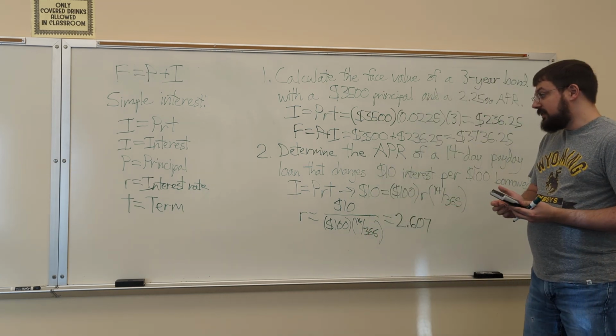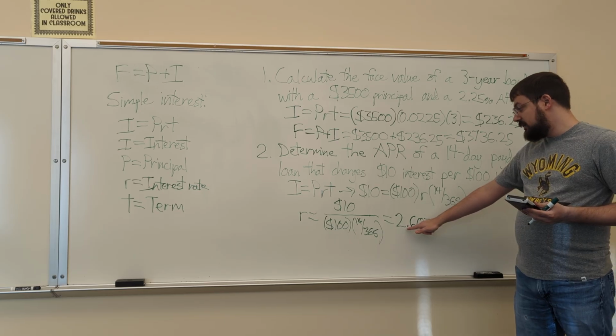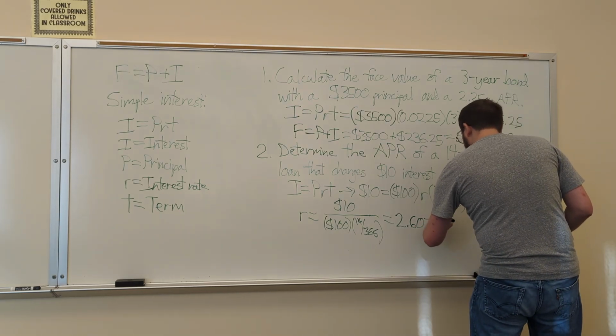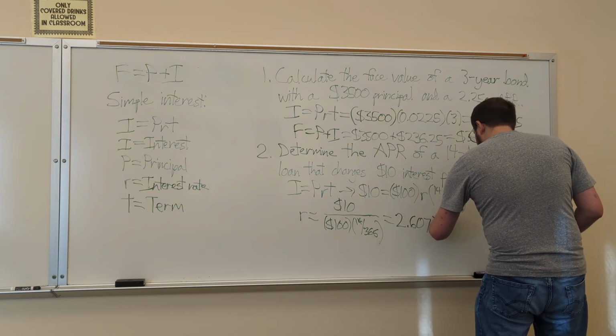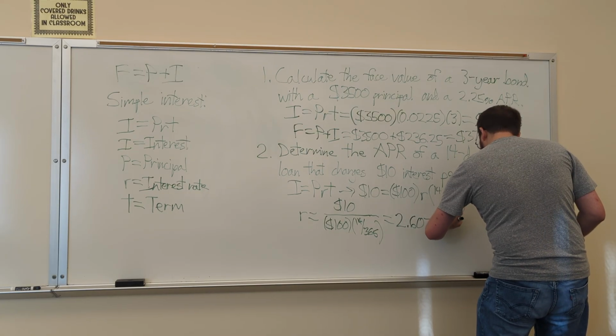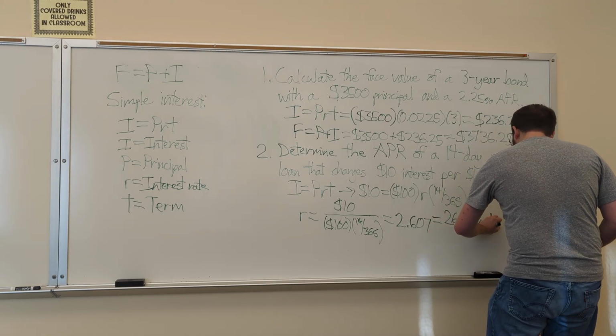So remember that this is the APR expressed as a decimal. So if we wanted to convert this to a percentage, we need to move the decimal point over 2 places to the right. So this would be a 260.7% APR.